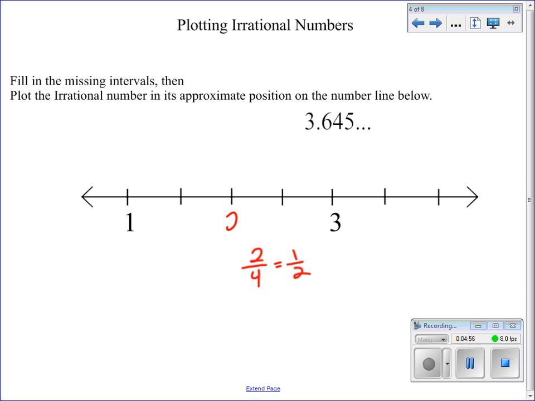So smack dab in the middle here is going to be 2, and then we're going to have 1 and 1/2, or 1.5, and 2 and 1/2, or 2.5. Then we're going to go up 1/2 each time. So we're going to get 3.5 and 4.